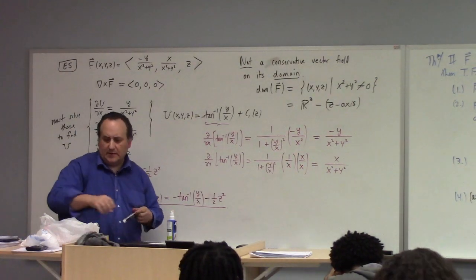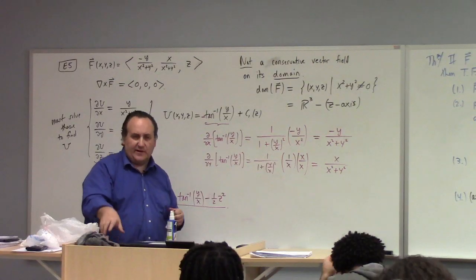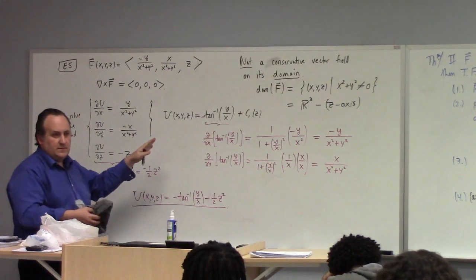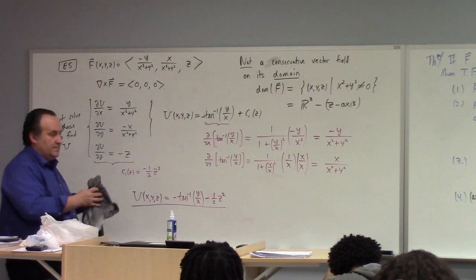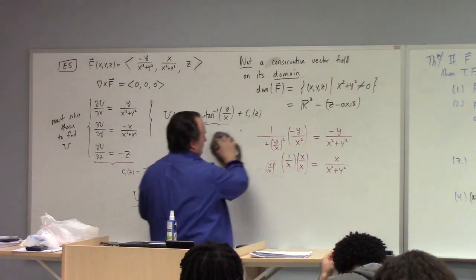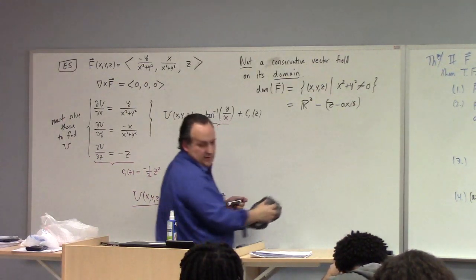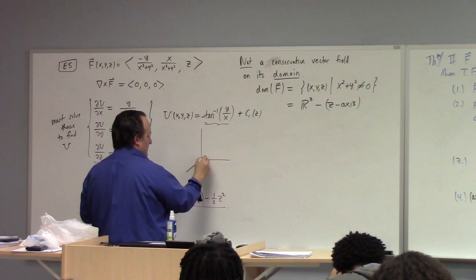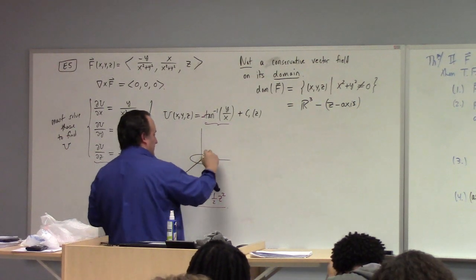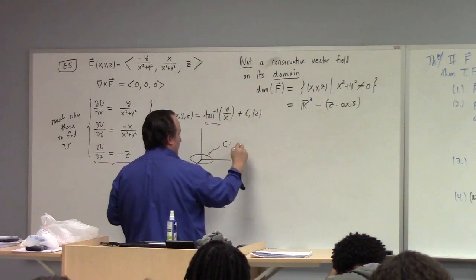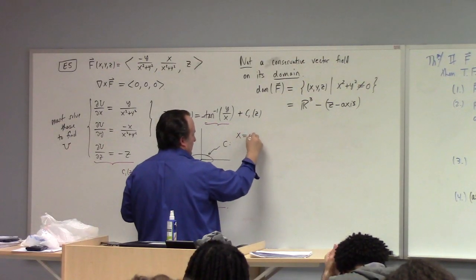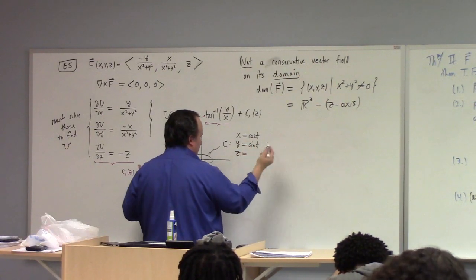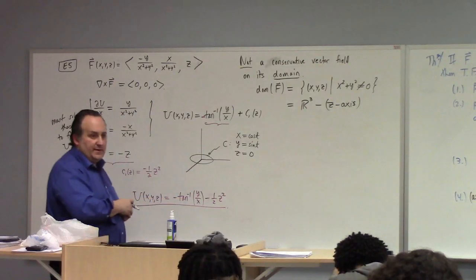Check this out. We can calculate the work done by this vector field around a loop that encircles the z-axis. Can I erase this business here? Okay. So if I want, here's my z-axis, right? I'm just going to look at maybe the unit circle should suffice, right? So the unit circle's got what? Like x equals cos t, y equals sine t, z equals 0, right?